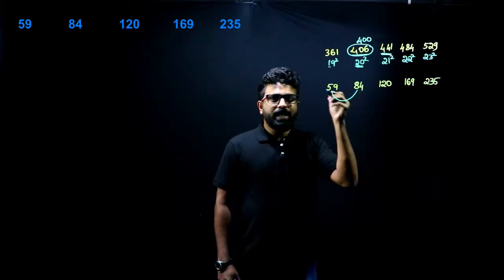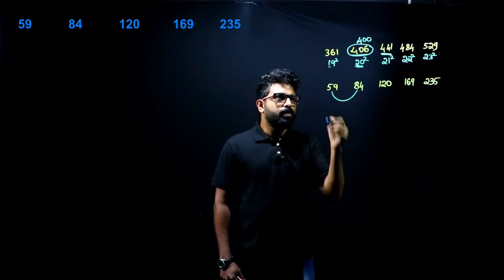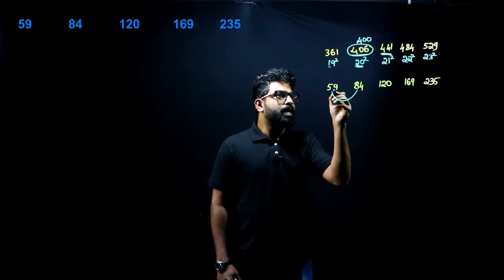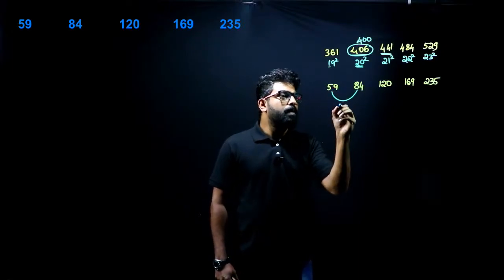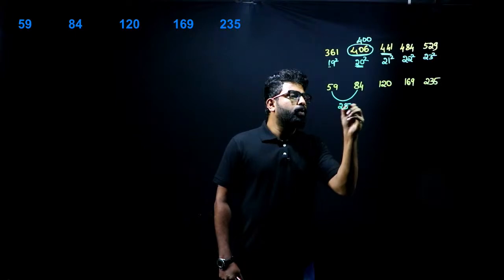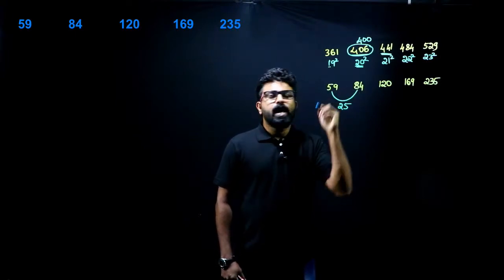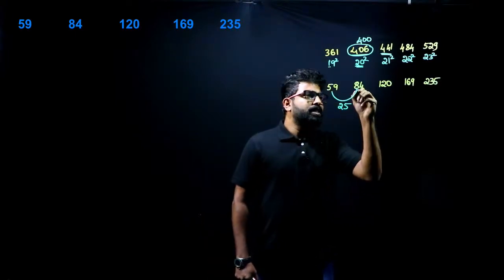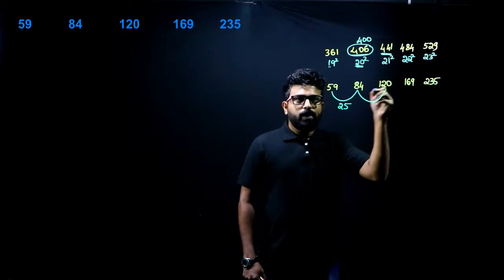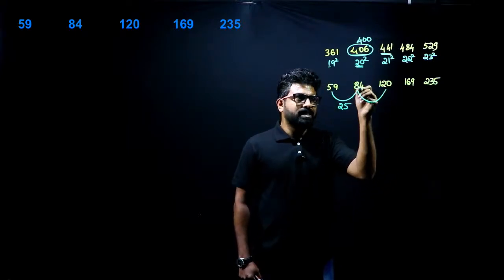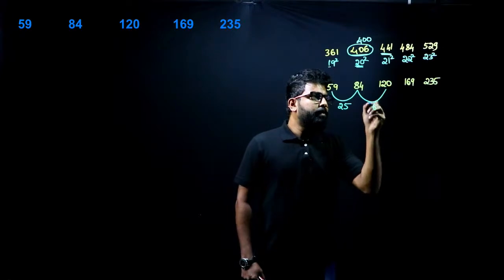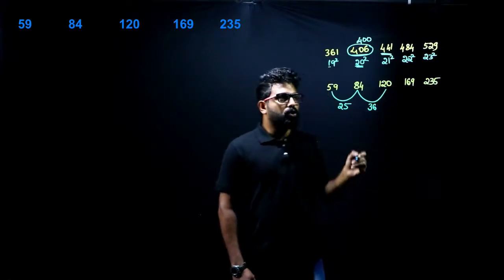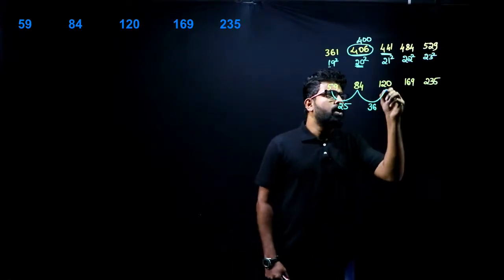When I start taking difference between 59 and 84, what do I get? 59 plus 5 gives me 64 plus 20. So if I add 25 to 59, I get 84 here. So let me check. From 84 to 120, what do I need to add? 84 plus 6 gives me 90. 90 plus 30 gives me 120. So 84 plus 36 gives me 120.